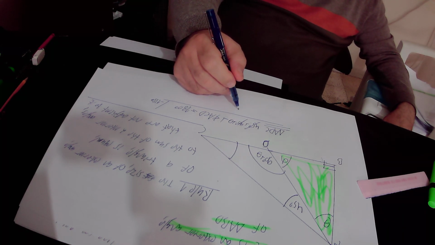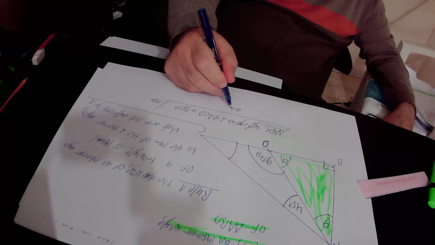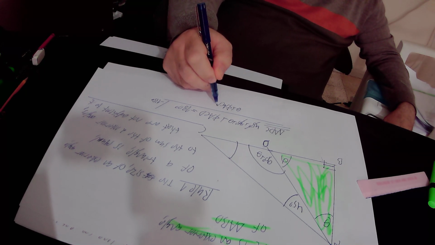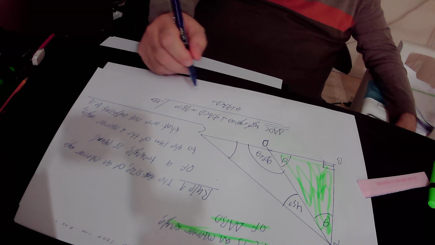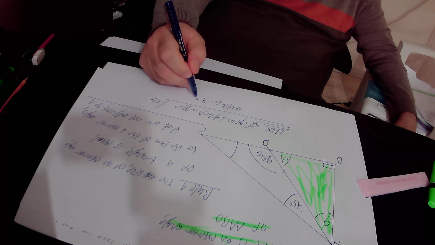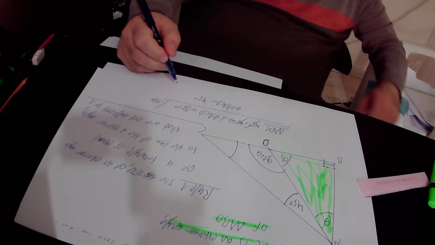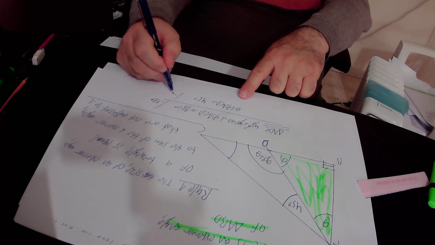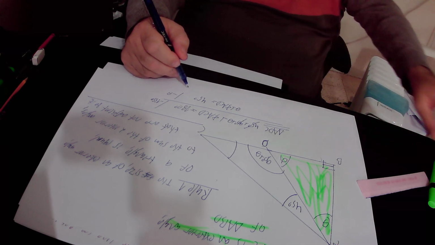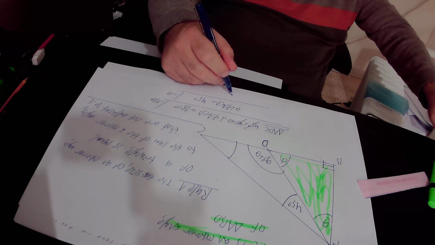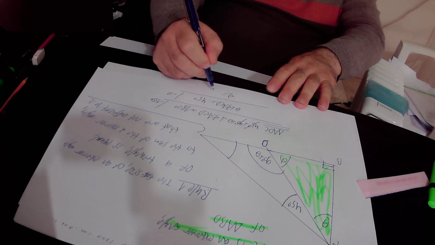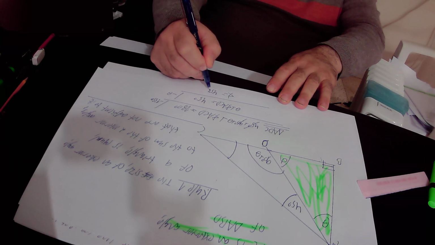So here we will have theta plus angle ACD equal to 180 degrees minus 135 degrees, which is 45 degrees. So here we subtract theta from this equation, and we will get that the missing angle, angle ACD, is equal to 45 degrees minus theta.